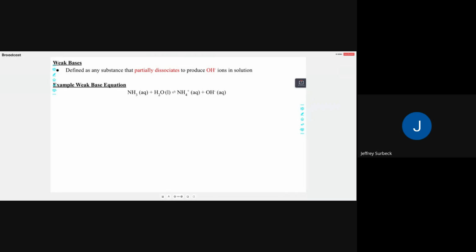All right, so day 4 notes here. It's all about weak bases. Weak bases have a very similar concept related to weak acids, except we're dealing with a base and not an acid.